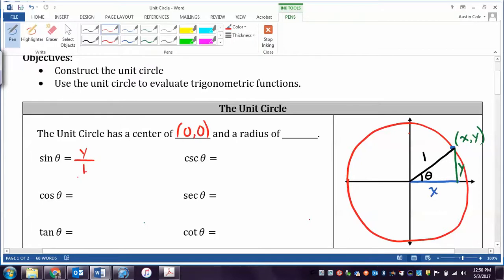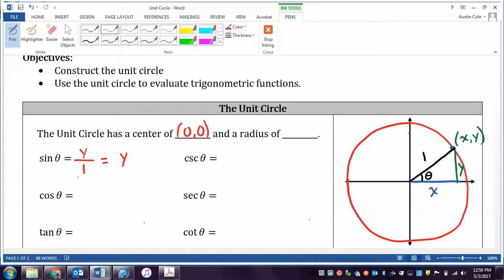Now anything divided by 1 is just itself. So the sine of theta in the unit circle is just whatever the y coordinate is, because the hypotenuse is 1.